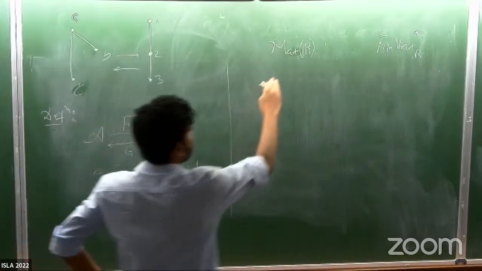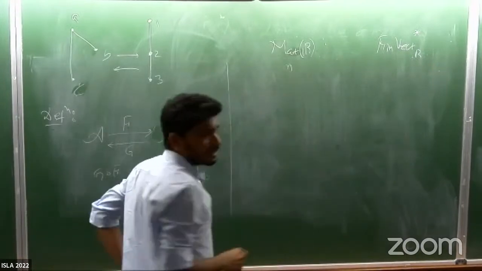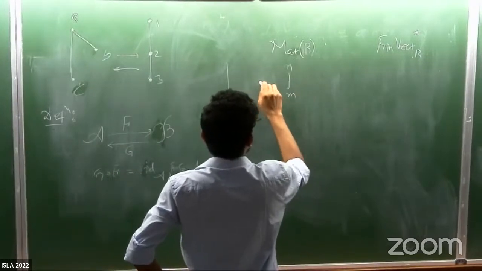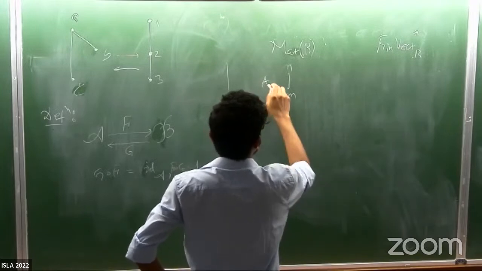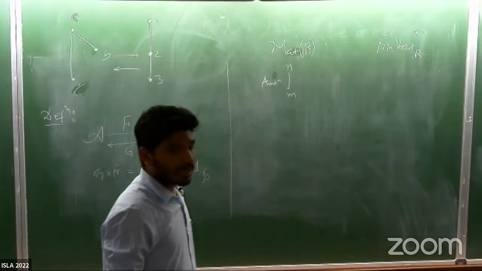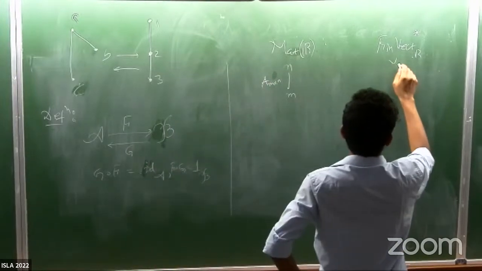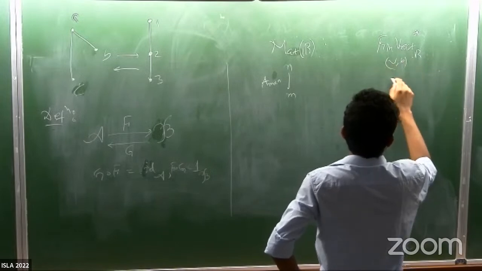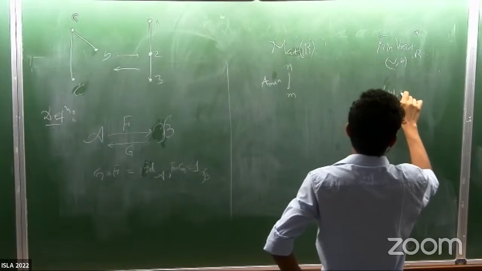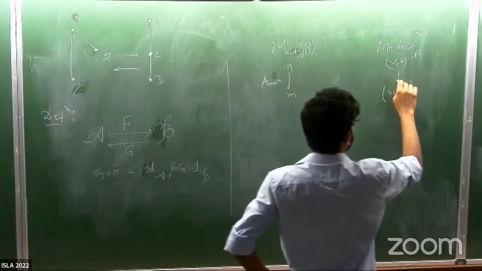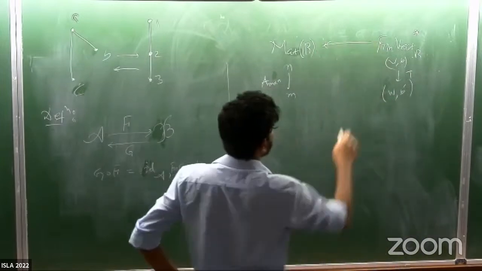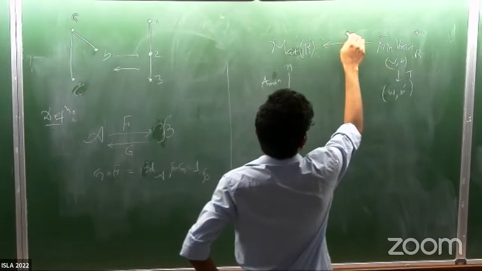So this was the category where you had integers as objects, and between two integers n to m, you had a matrix of size m by n of real numbers. And on the other hand, you had vector spaces, finite dimensional, with a choice of a basis, and morphisms were basis preserving linear transformations. He gave you this assignment, if I remember correctly, which was to send a vector space to its dimension, right? Which is dimension.